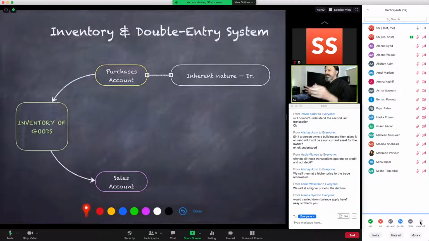Now, every time we have to decide on the debit and credit part, or we need to understand the double entry system, whatever accounting items we are considering, we have to first decide on their intrinsic or inherent nature.